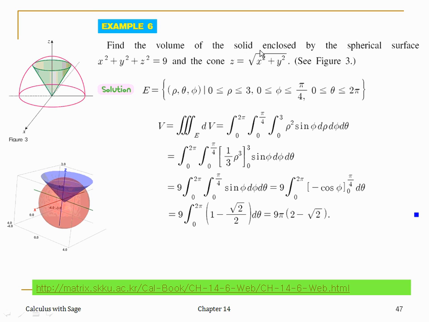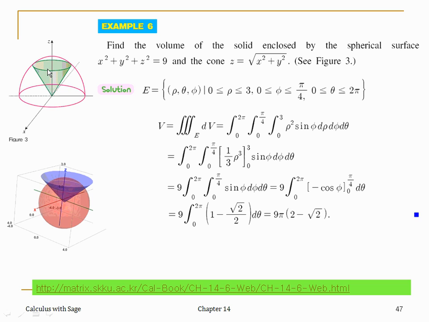And find the volume of the solid enclosed by the spherical surface x squared plus y squared plus z squared equals 9, and the cone z equals the square root of x squared plus y squared. This is what we are thinking: this is a sphere, and this is a cone, and we are looking for the volume of the region here.